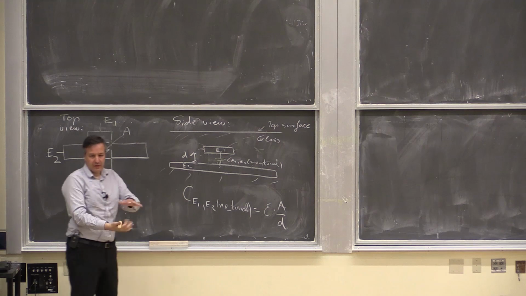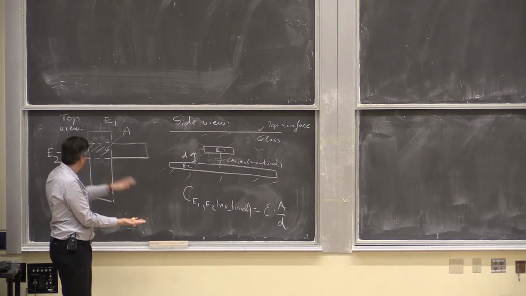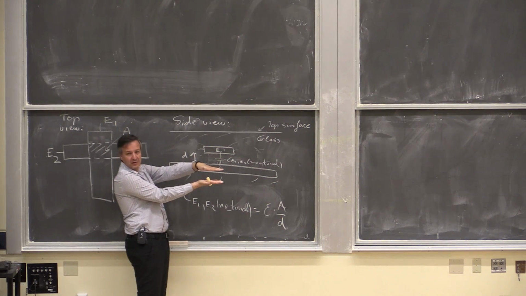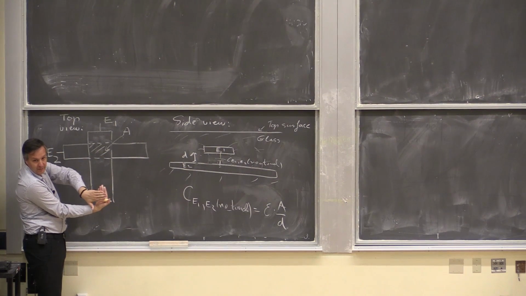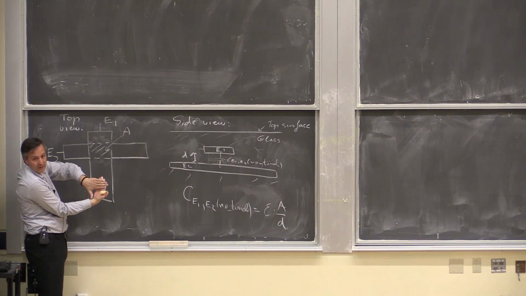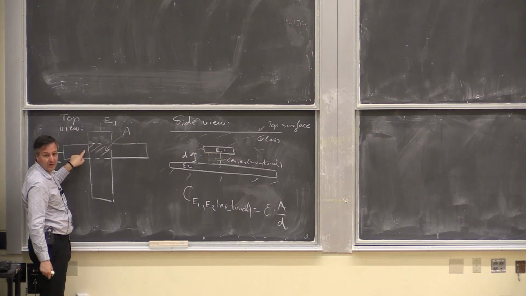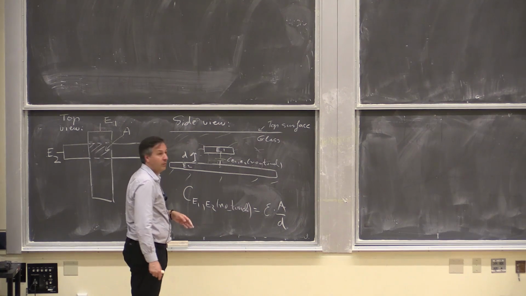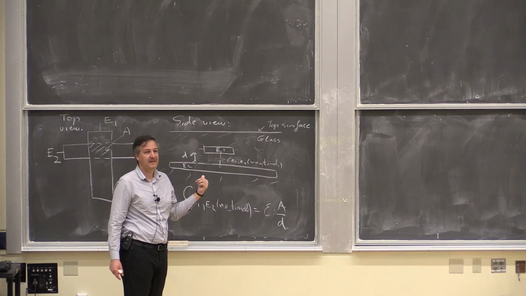The capacitor is between the plates, and the plates in this picture, you see them like this, right? So the area is actually visible when you look from the top. It's the overlap of these two wires. So that's this area, A. Does that make sense? Okay. Any questions about this so far? People get it?